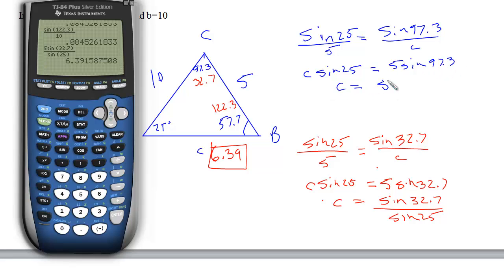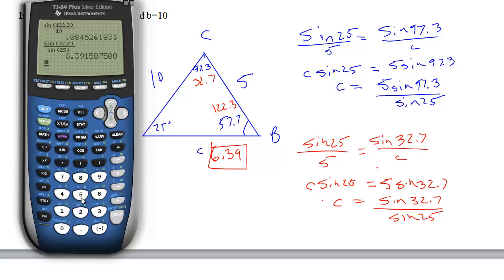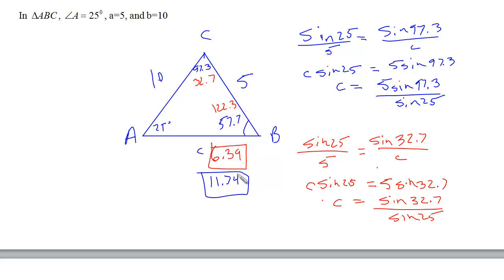Divide. And we get 5 sine 97.3 over the sine of 25. That would be 11.74. So there are the two potential side lengths, and we really don't know which one it is.